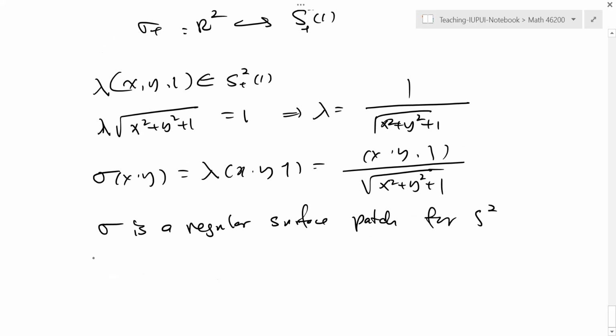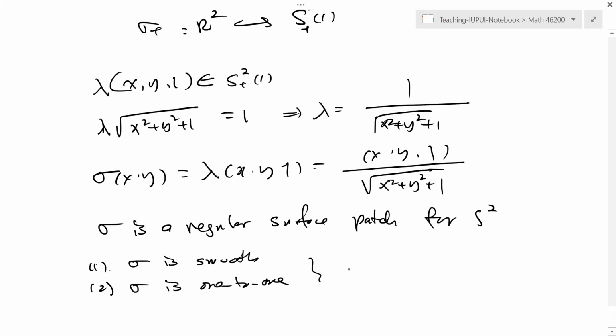Okay, it has the following properties. One, sigma is smooth, no problem. Two, sigma is one-to-one. These two conditions already imply it is called a surface patch, a smooth surface patch.